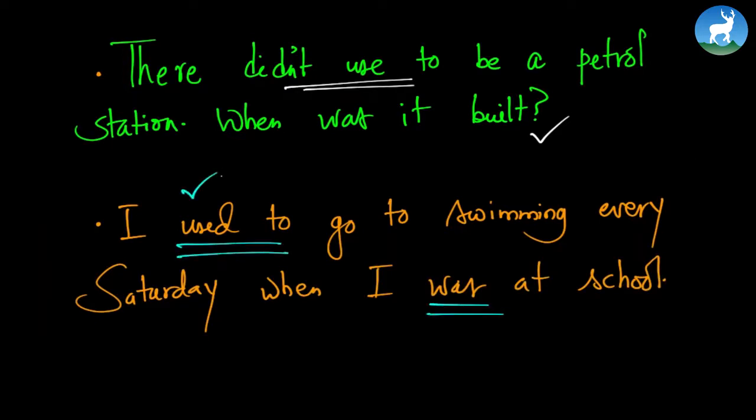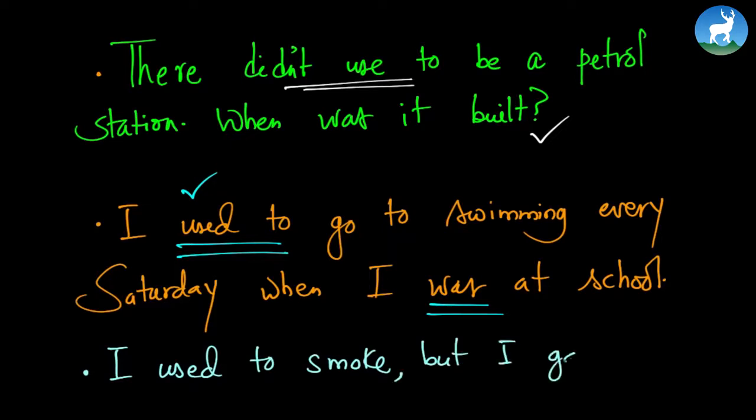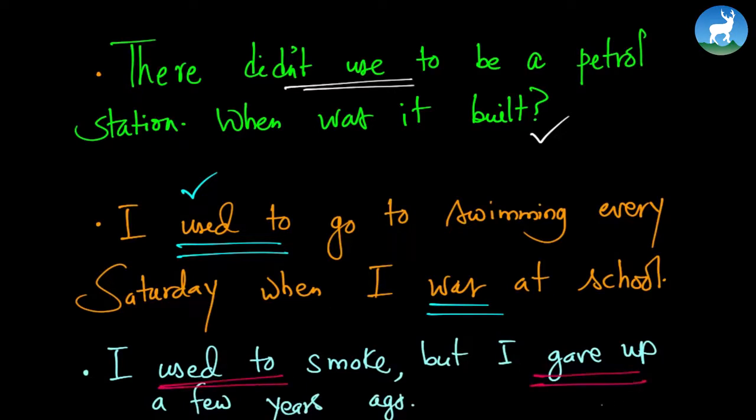This is something you used to do in the past. Another example could be something like this. I used to smoke, but I gave up a few years ago. That means you no longer smoke because you gave up a few years ago. So used to means something you used to do back in the time.